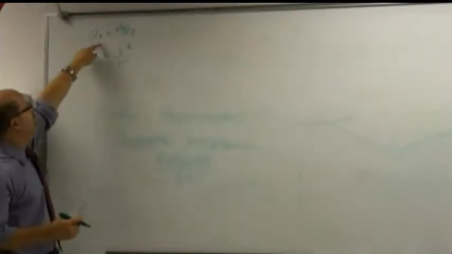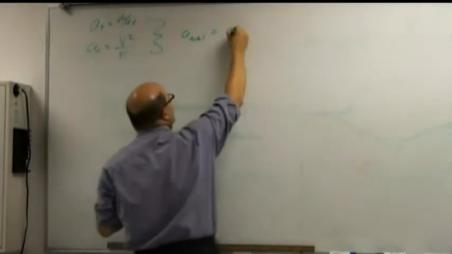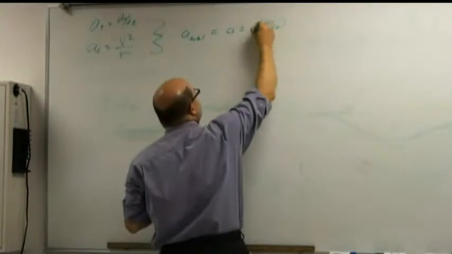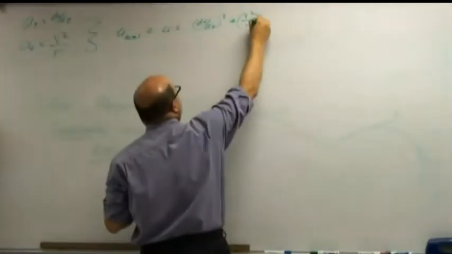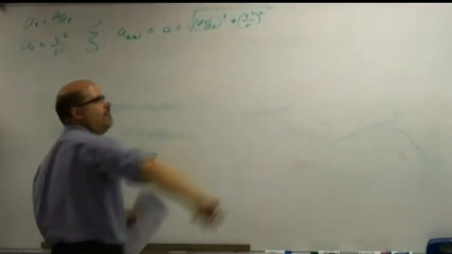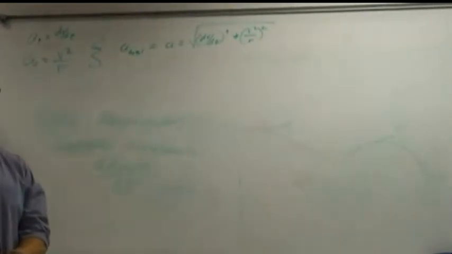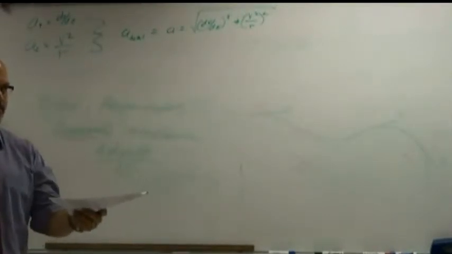So tangential and centripetal, that means our total acceleration, actually just a, equals the square root of (dv/dt) squared plus (v squared over r) squared. That's the real total acceleration of an object. You should write that down because that's not in this.